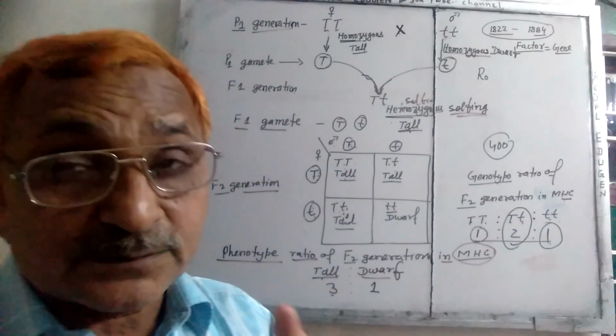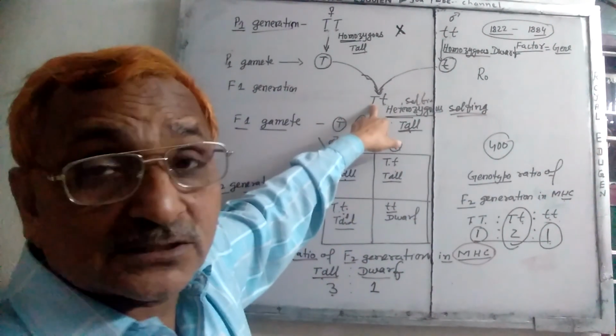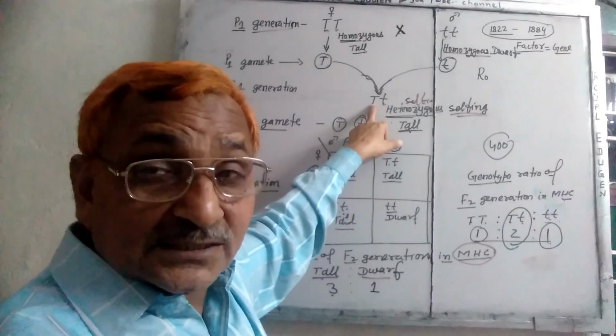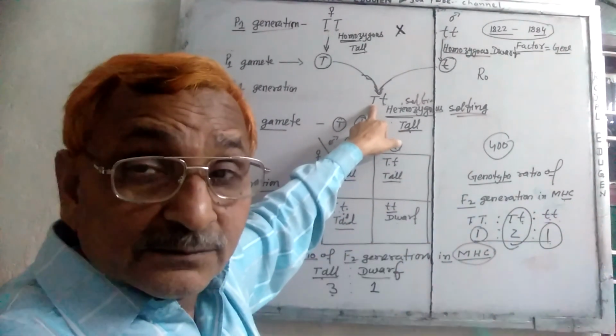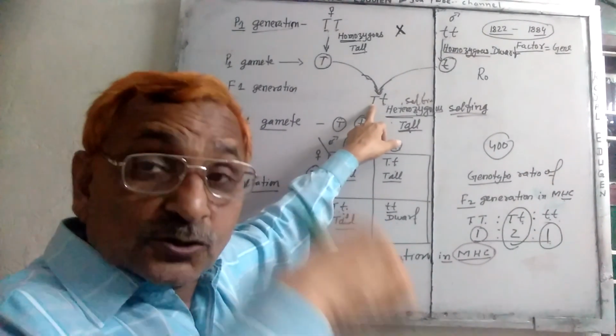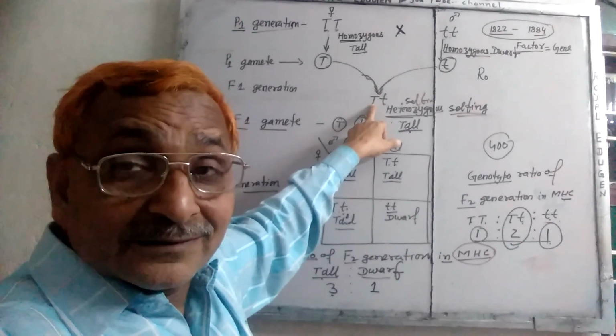The factor which expresses itself, like the capital T, tallness, is the dominant, which expresses itself masking the small t, that is the dwarf. So here the tallness is the dominant.